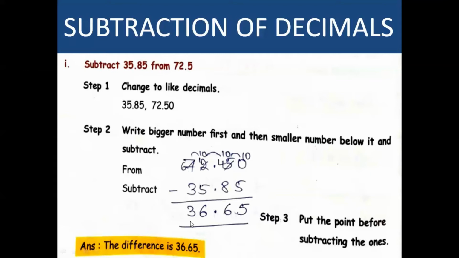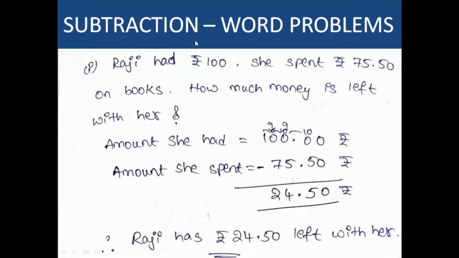Total 3665. Now put the point before subtracting the ones. The difference is 36.65.